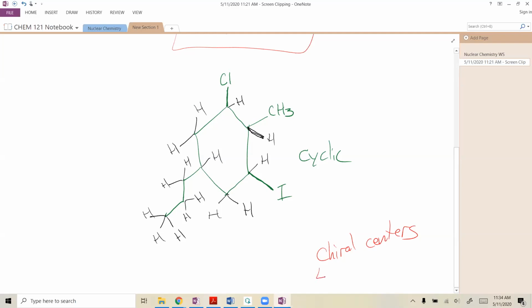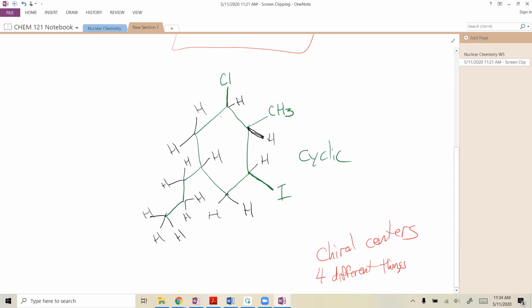Right. We want it to be connected to 4 different things. So if it has a double bond, it can't be chiral, or it can't be a chiral center. Right? So we're looking for something that's connected to 4 different things, and that's going to be how we can kind of tell what our carbons are.